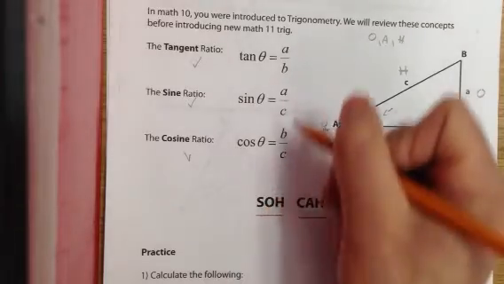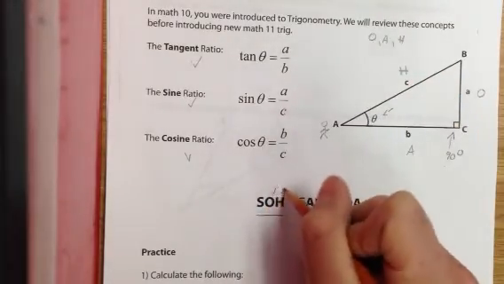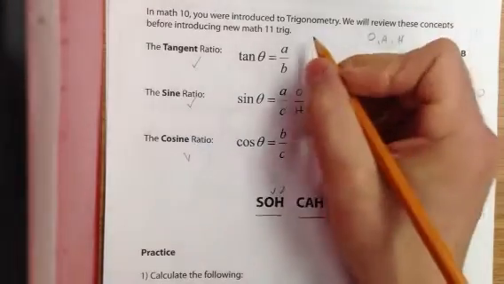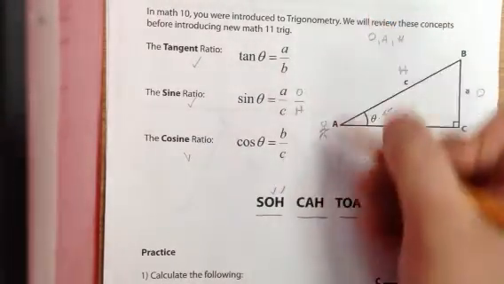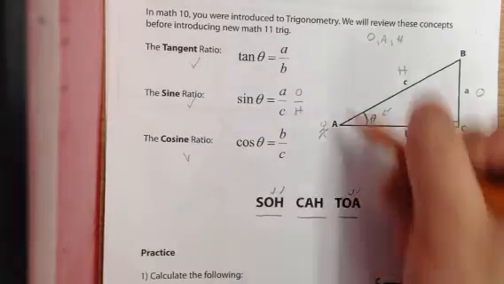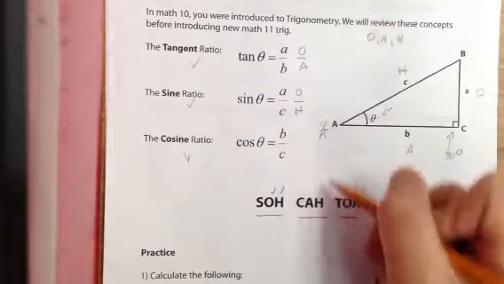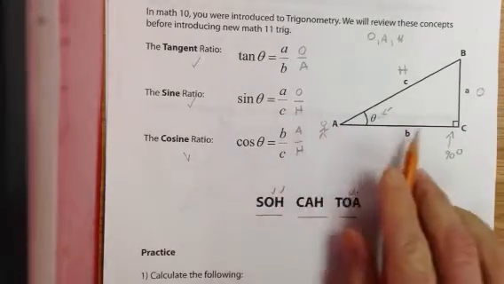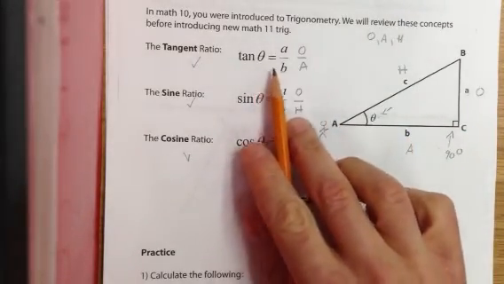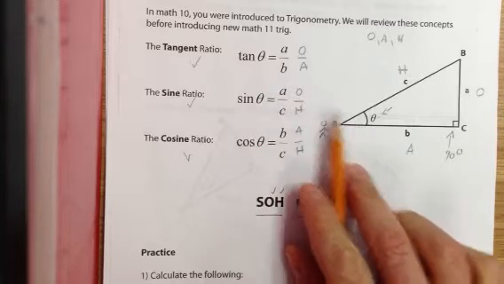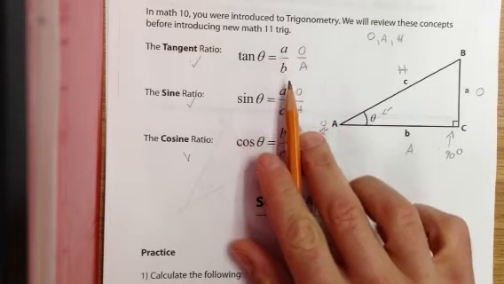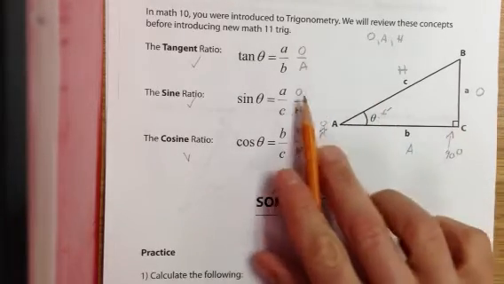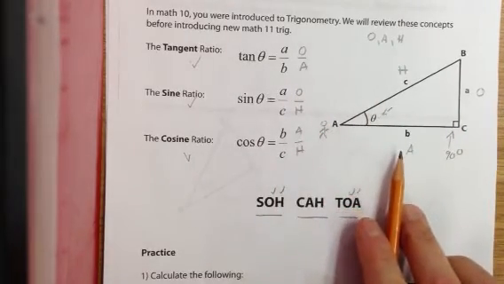So for sine, we're going to use O and H, so O over H. For tangent, we're using O over A, and for cosine we're using A over H. And if you look at this diagram here, in the tangent ratio, the tangent of theta is taking side A and dividing it by side B, because side A is our opposite and side B is our adjacent.